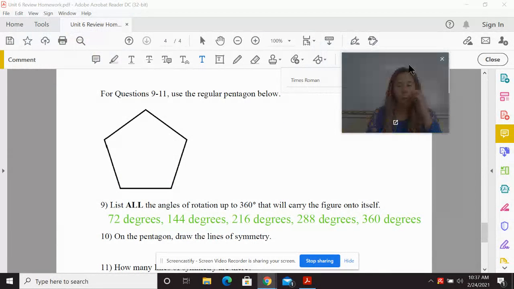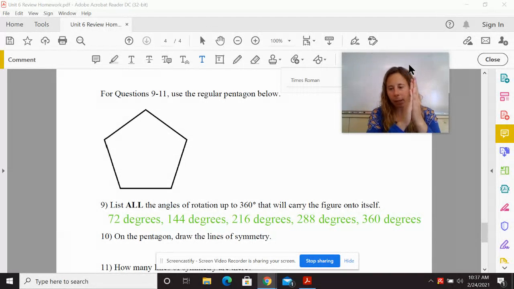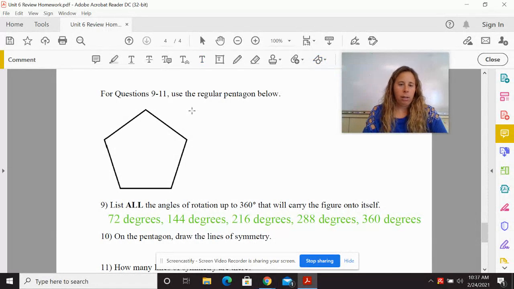Okay, so remember, lines of symmetry, you should be able to fold them exactly in half over that line. So go ahead and pause me and try and draw in your lines of symmetry. Okay, here's my line. So I'm going to cut it in half.